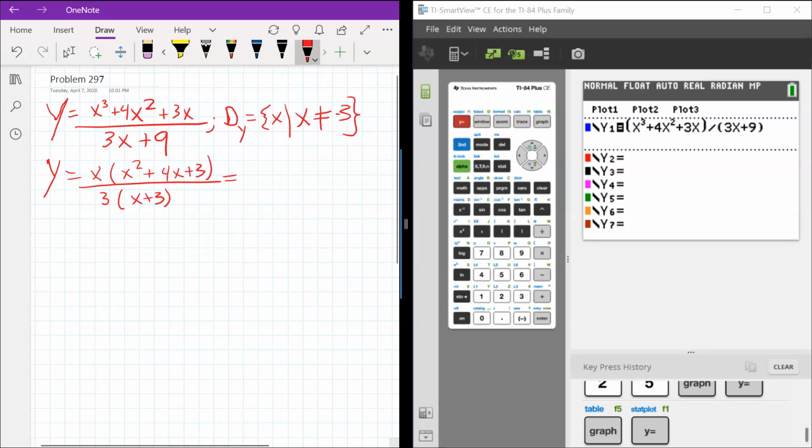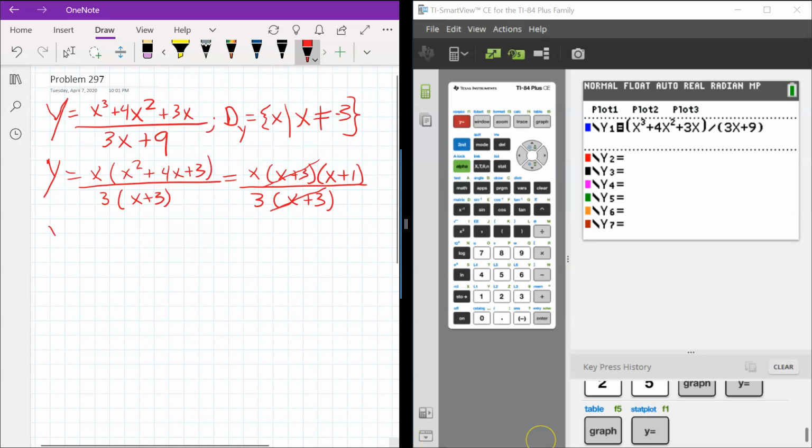Continue to factor the numerator, x plus 3, x plus 1, and I have 3 over x plus 3. So it looks like I have the x plus 3's in the numerator and denominator that are common factors that can divide.